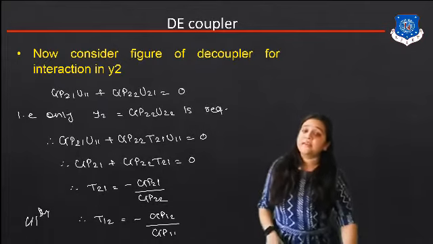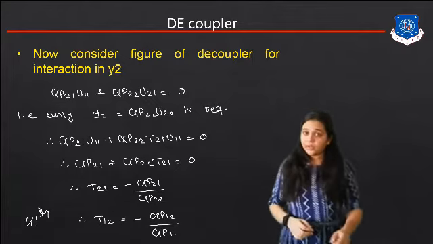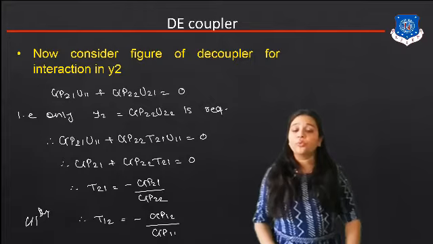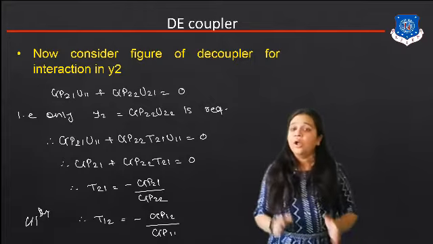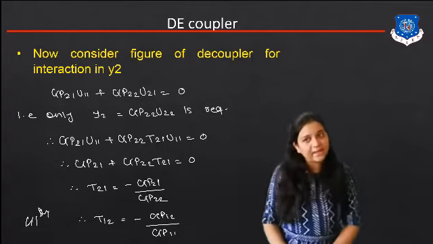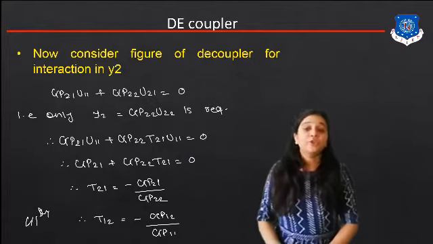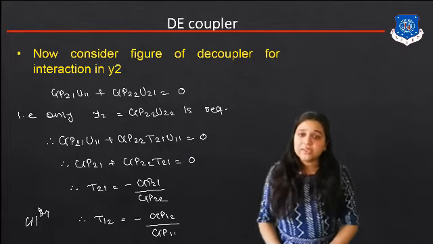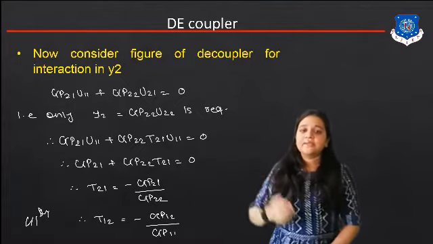Now consider the figure of the decoupler for the interaction in Y2. We can write the equation like this: GP21 U11 plus GP22 U21 is equal to 0. But only Y2 equal to GP22 U22 is required. So we can write GP21 U11 plus GP22 T21 U11 is equal to 0.